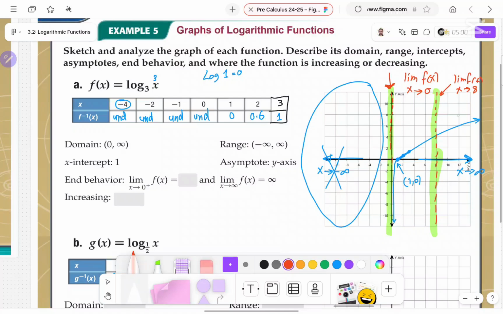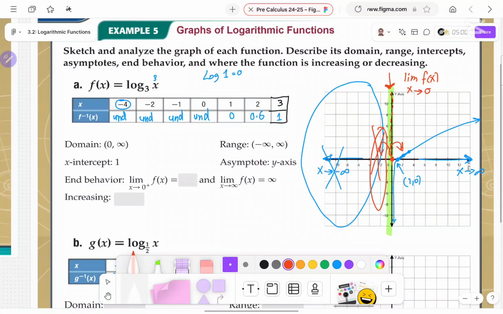So the end behavior for the logarithmic function depends on the asymptote. I have to test the end behavior at the asymptote. Because in this question the asymptote is at x equals 0, x approaches 0. This is the right side of the 0, and this is the left side. Do I have a function on the left side of the 0?